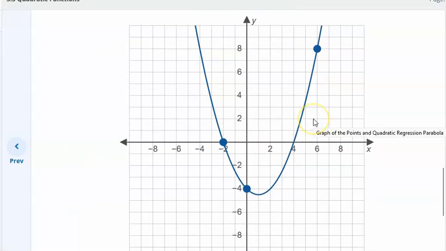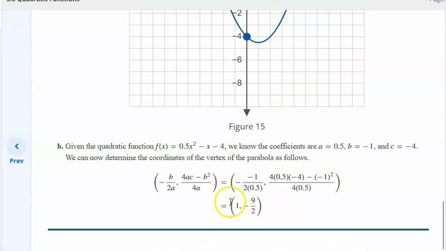Now again, it looks like this, but the -4 is not the vertex. It's over here somewhere, and you'd have to use that special formula to figure it out. Here they're showing it's a 1 and a -9/2. You're going to need to know how to do this to do the practice and then later the certify.